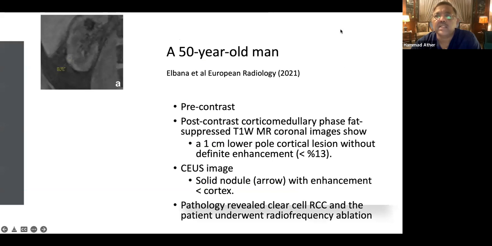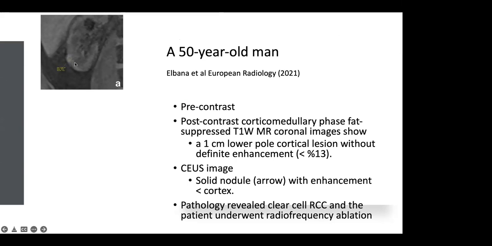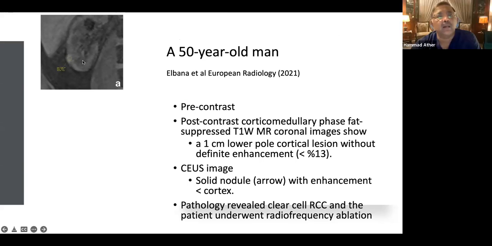Now, this is a 50-year-old male, and this is what you can see. This is the non-contrast or pre-contrast MR, and you can see a small lesion in the periphery of the lower pole, at the outer border of the kidney.